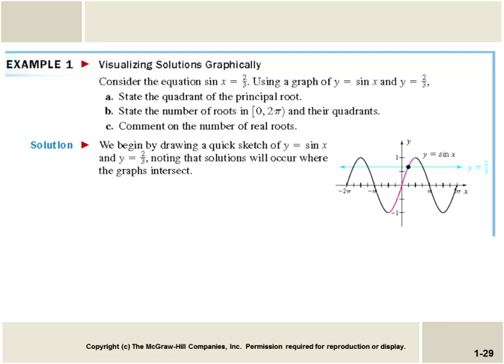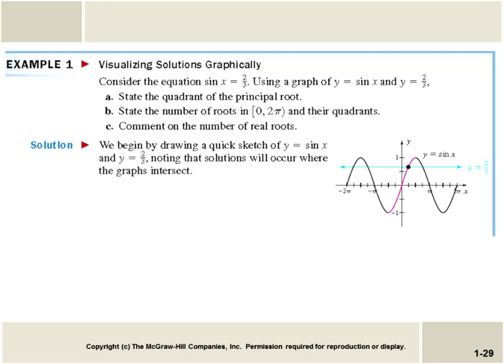But there's many, many places on a sine graph where y equals 2/3, because we're not talking about the inverse right now. We're talking about the actual sine. There's an infinite number of places, right? So this says state the number of roots between 0 and 2 pi where the sine of x equals 2/3.